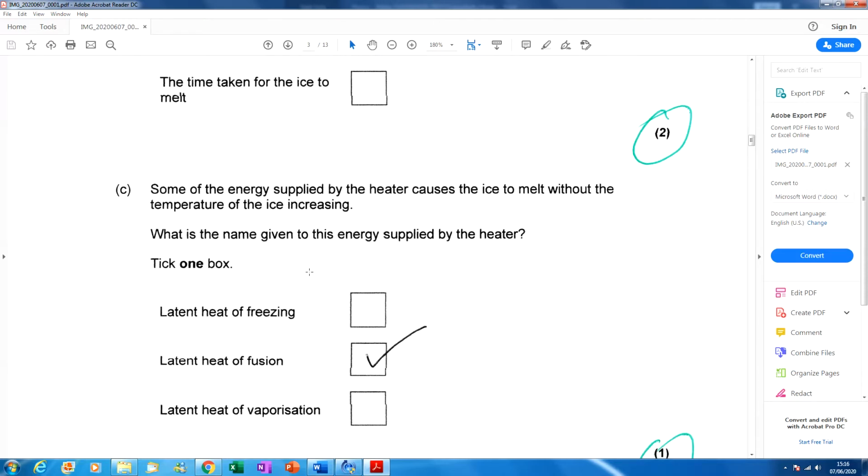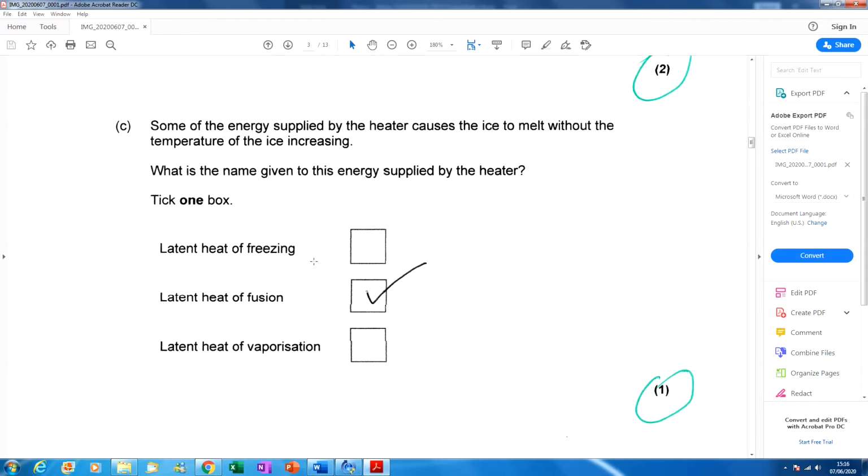Okay, part C. Some of the energy supplied by the heater causes the ice to melt without the temperature of the ice increasing. What is the name given to the energy supplied by the heater? So when you're getting a change of state, so you're going from a solid to a liquid, or a liquid to a gas, or vice versa, you are talking about latent heat. Heating that's happening without a measurable change in temperature.